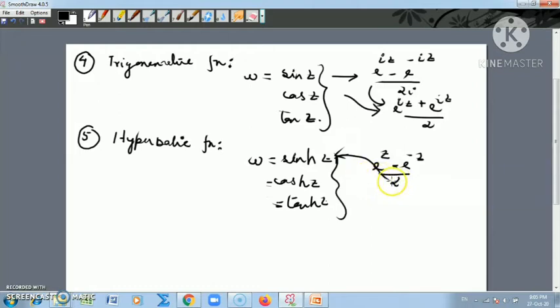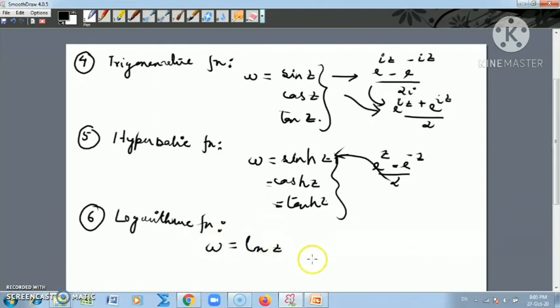And we then have logarithmic functions, which are just W is equal to ln z. This type of function is called a logarithmic function.